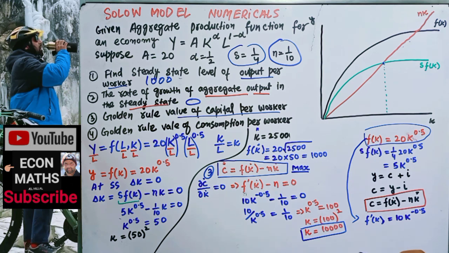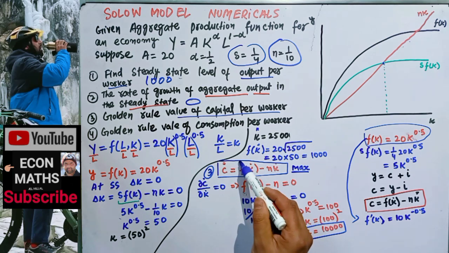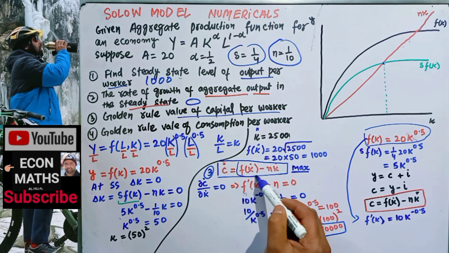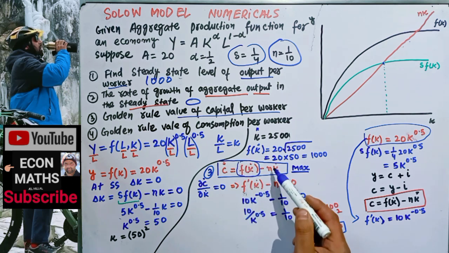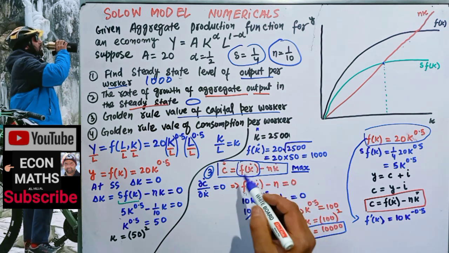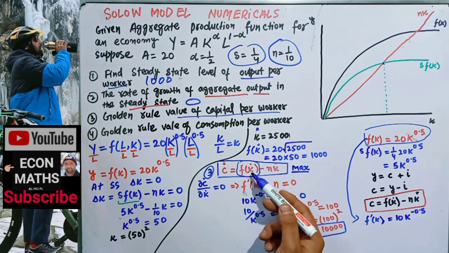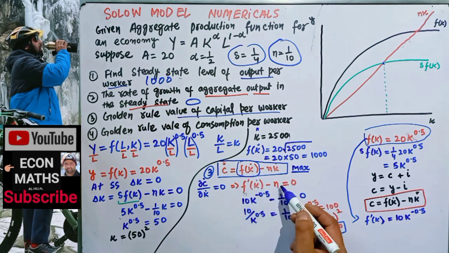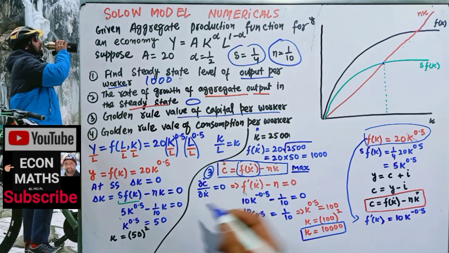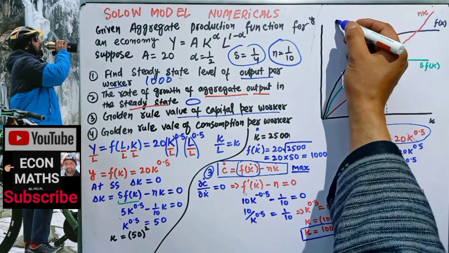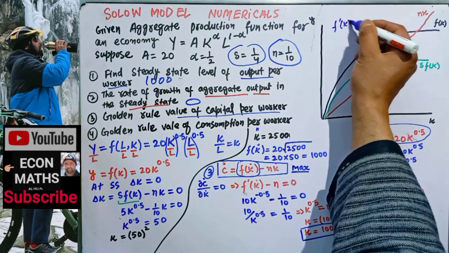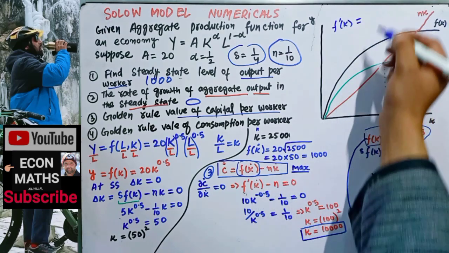Since we have taken the derivative of this function with respect to k, where this is our output, that means capital per worker, this equation tells us, let me write it here, that f'(k) is equal to n.